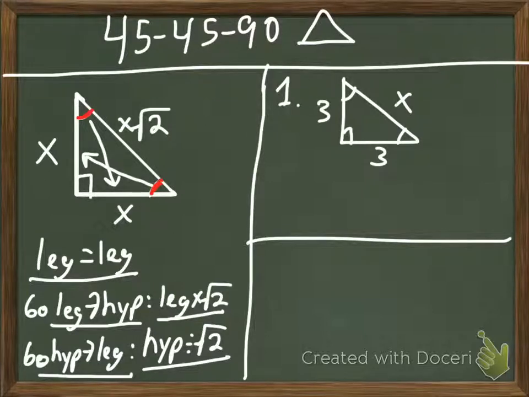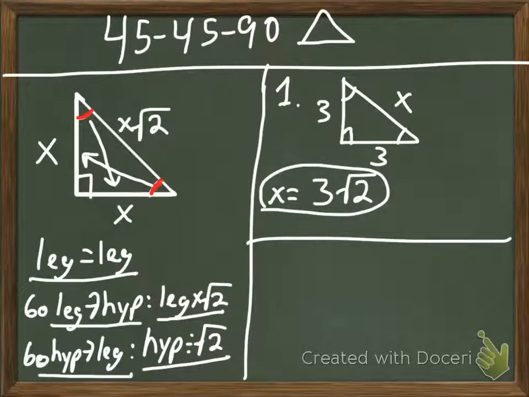Well, to go from leg to hypotenuse, I take the leg, which is 3, times square root 2. And that's what x equals. That's all you really have to do. Sometimes it gets a little more complicated when simplifying radicals come to play, but this is the basic idea.